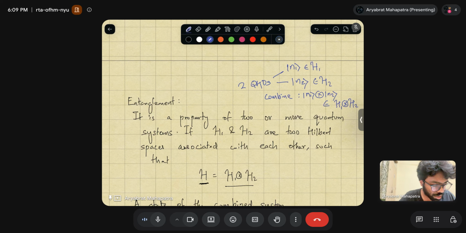For example, we use bits which are either zeros or ones. Even quantum states, like spin states, appear as an up state or a down state.